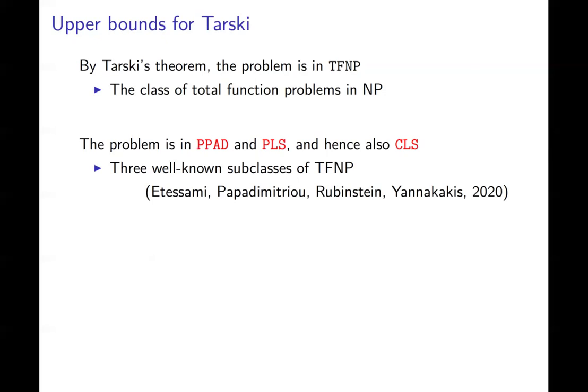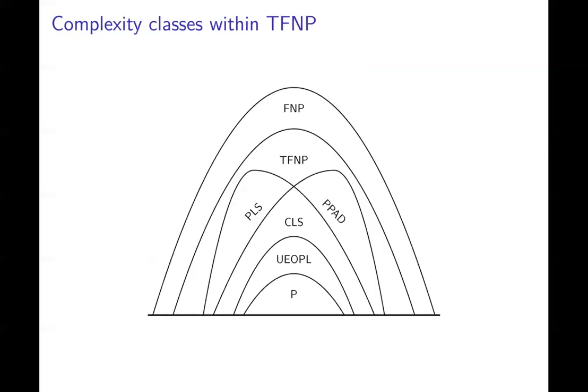These are three well-known subclasses of TFNP. And we can see it here where PLS and PPAD, their intersection CLS is captured here. And we additionally have the class UEOPL, which we are interested in this work, and it's a subclass of CLS.